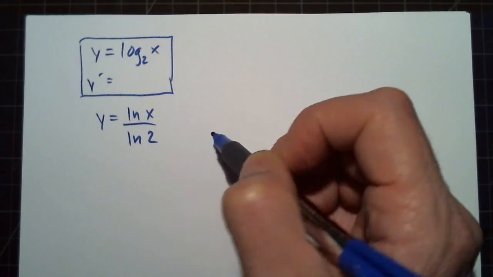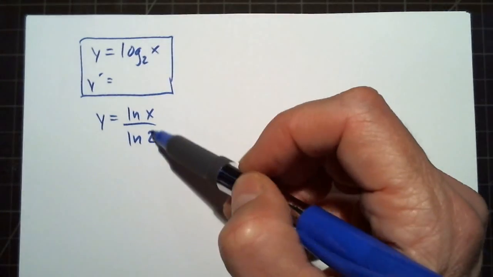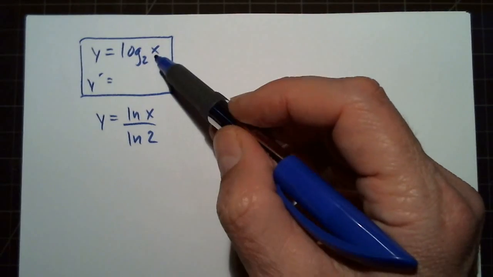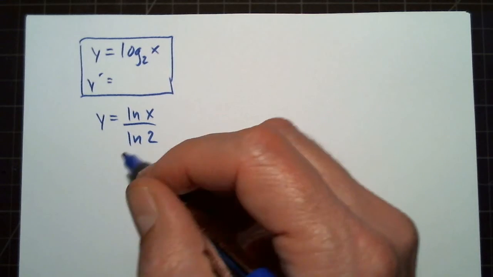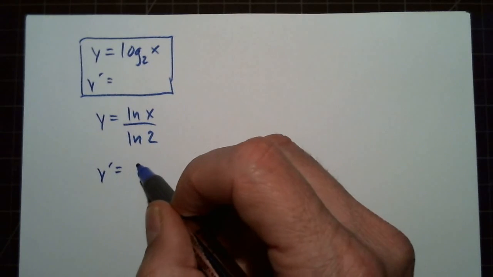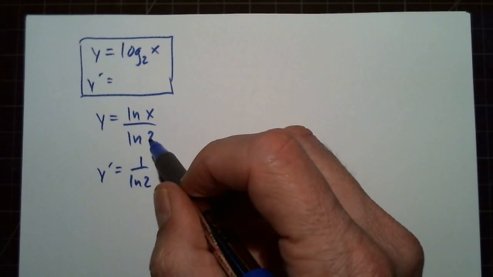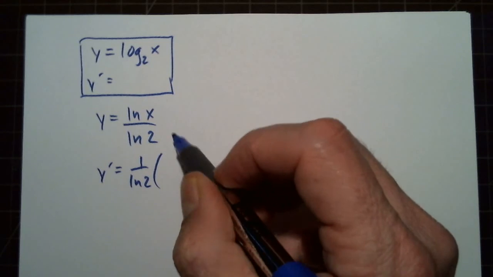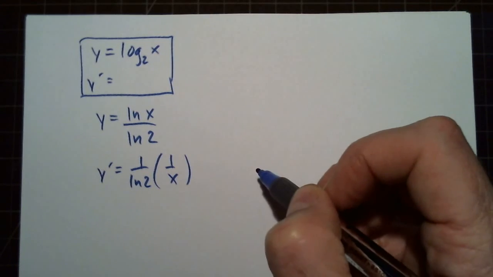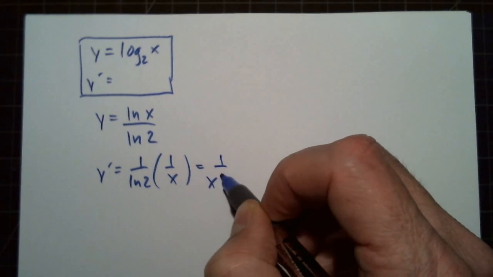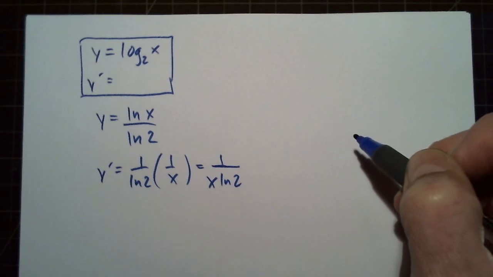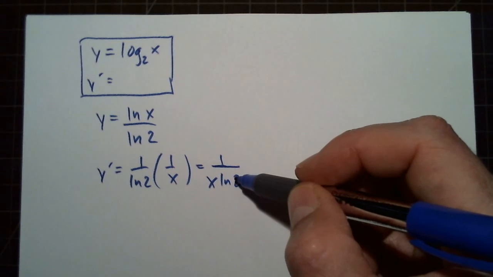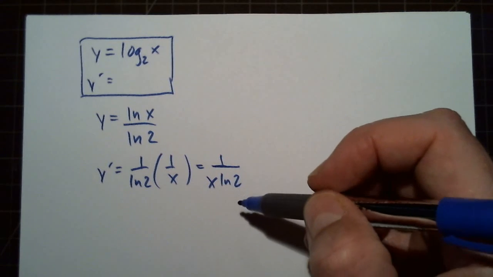So that's going to be ln x over ln 2. This is equal to that. It's the change of base formula. But then that lets us just write this as a coefficient times the derivative of natural log of x. So we have 1 over x ln 2, and you could just memorize that as a formula, but that's where it comes from.